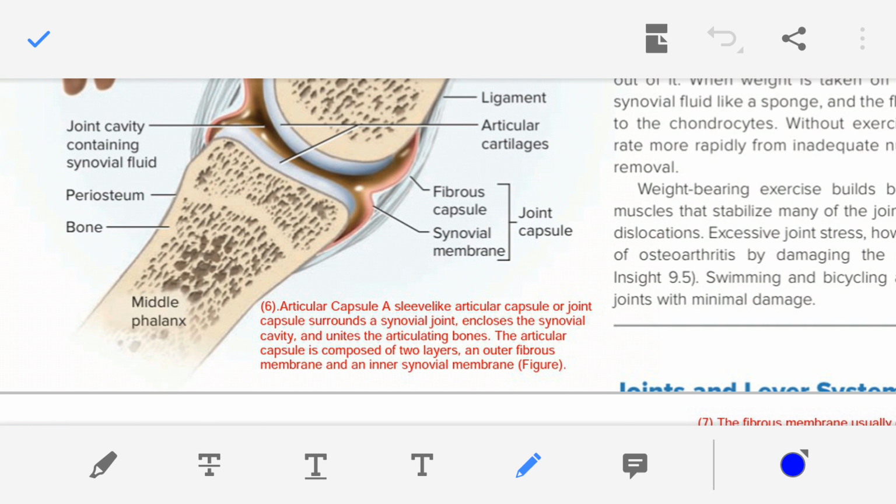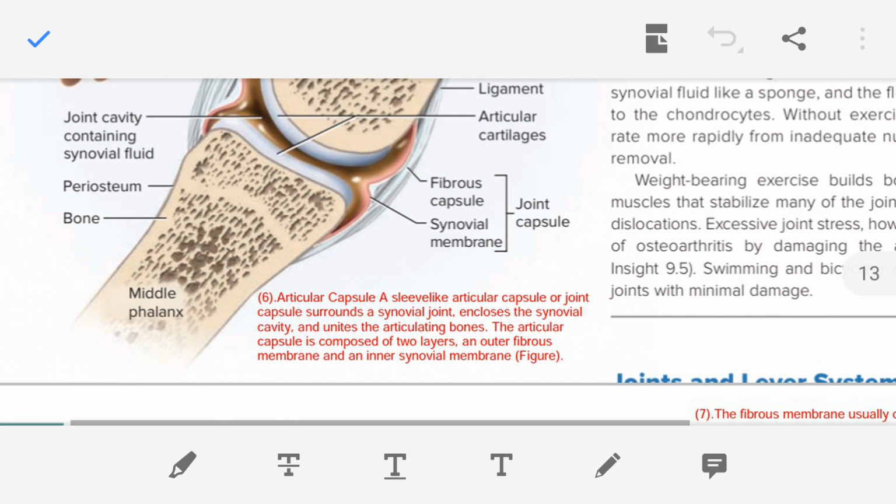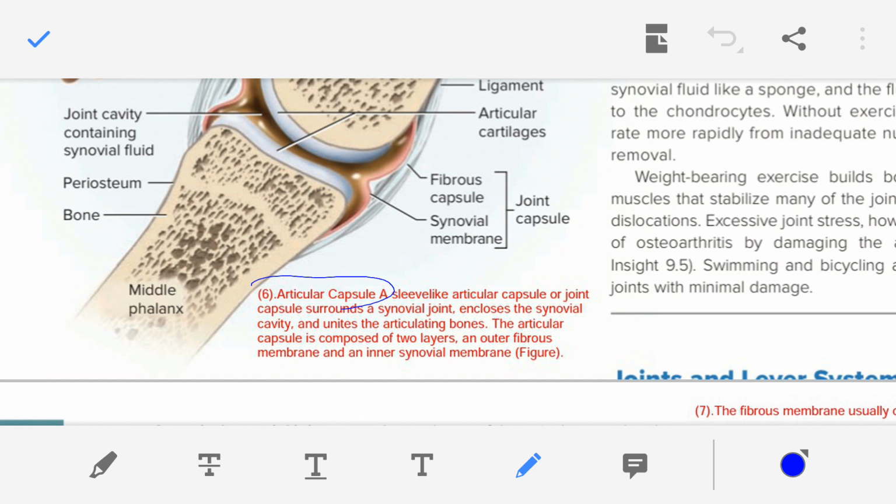Now this articular capsule is surrounding the synovial joint, and it is also enclosing the synovial cavity. So this is the synovial cavity and it is surrounded by the joint capsule. Now there are two layers in this articular capsule. One layer is known as the fibrous membrane and the second layer is known as the synovial membrane.